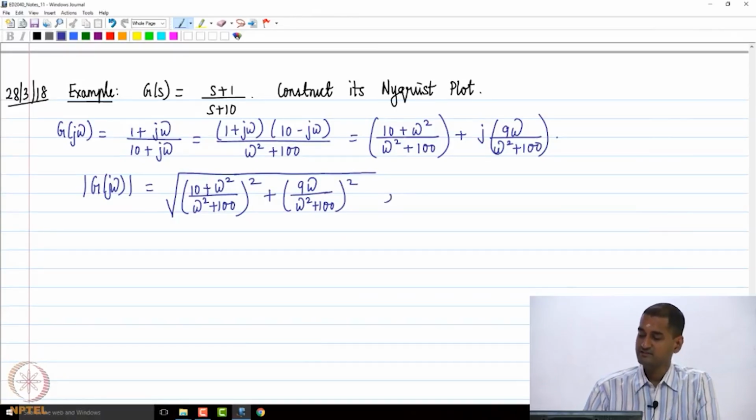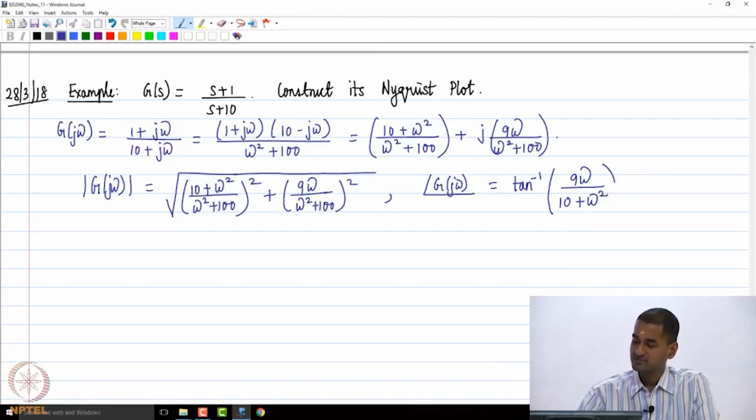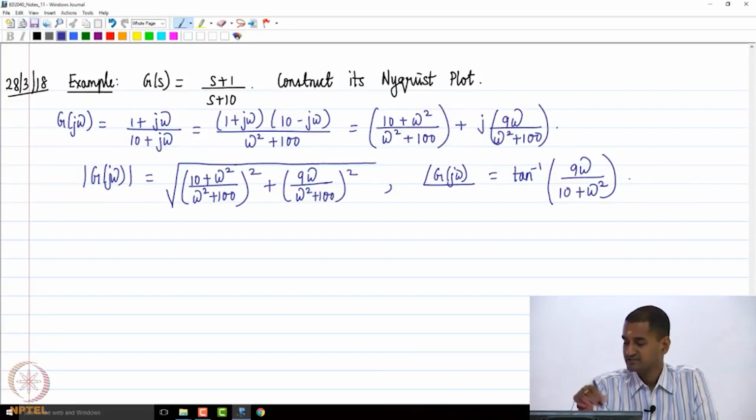That's the magnitude. And what about the phase? The phase is going to be tan inverse of the imaginary component divided by the real component. So we will get it as tan inverse of 9 omega divided by 10 plus omega square. Am I correct? Right?